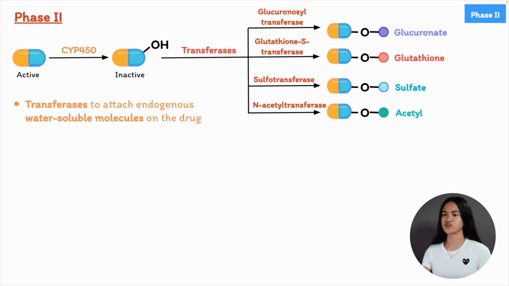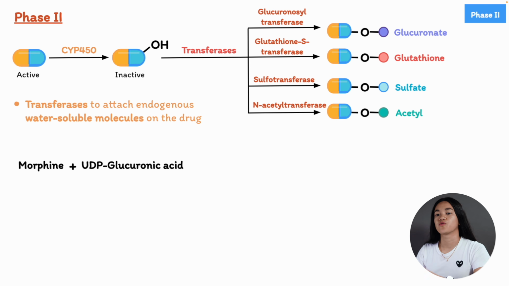So each type of conjugation will modify the chemical structure of the substrate, increasing its water solubility so it can be eliminated from the body via bile or urine. And again, you can figure out which type of reaction it is by looking at the name of the enzyme. Let's look at one example. Morphine is a typical example of glucuronidation.